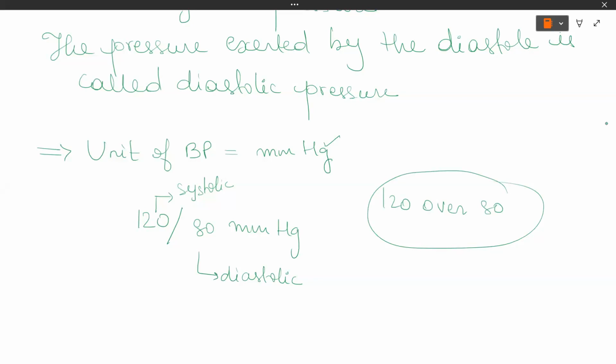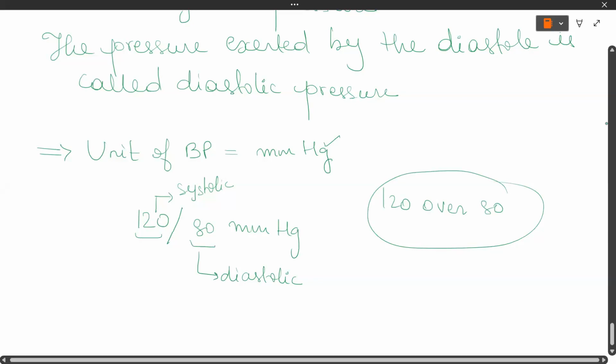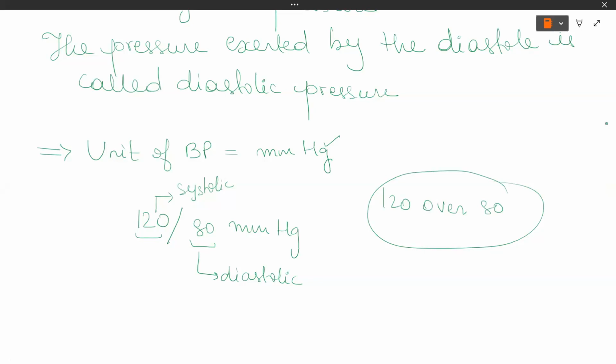Obviously you can make out, why is the systolic pressure more than the diastolic pressure? Can you tell me why? Yes, because contraction requires more energy, isn't it?